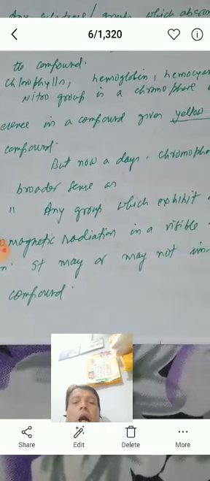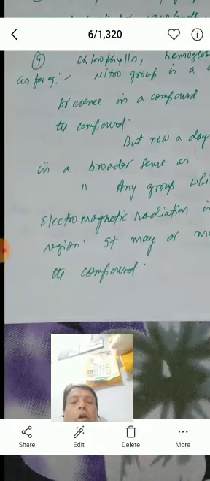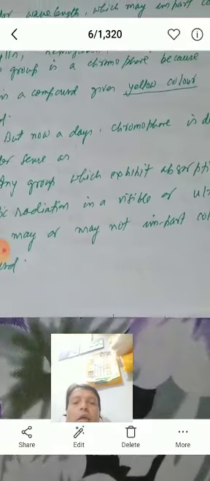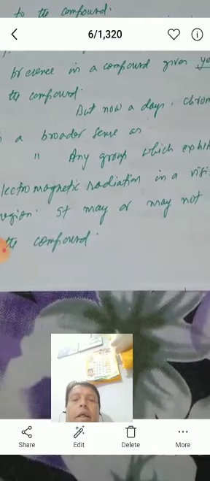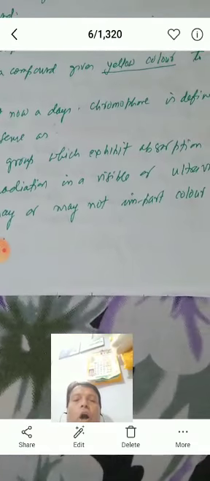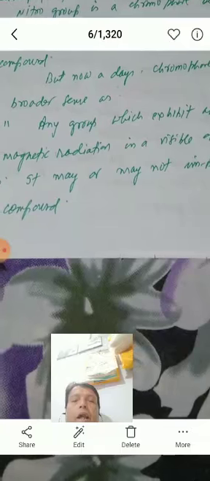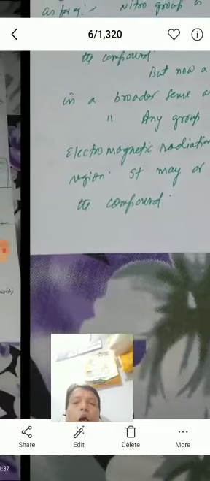But nowadays, chromophore is defined in a broader sense as any group which exhibits absorption of electromagnetic radiation in the visible or ultraviolet region. It may or may not impart color to the compound.